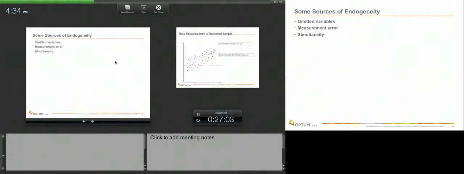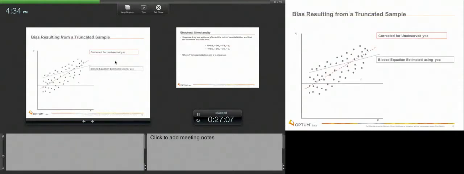So here are some examples of endogeneity in observational studies. Here we have a sample that includes all the observations above the line.